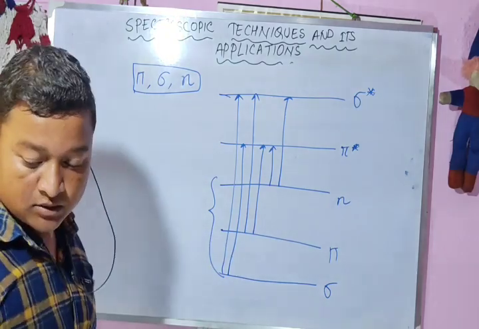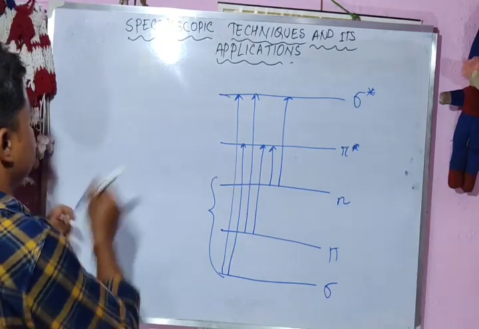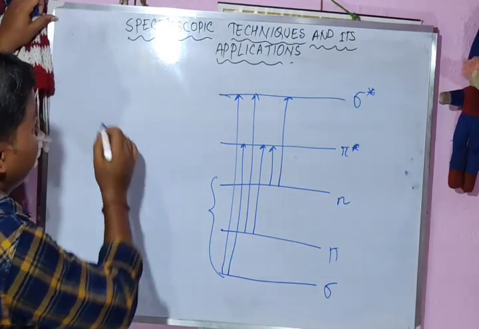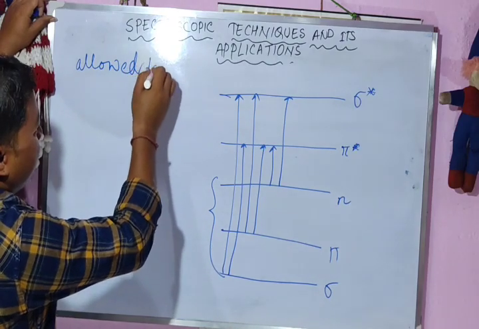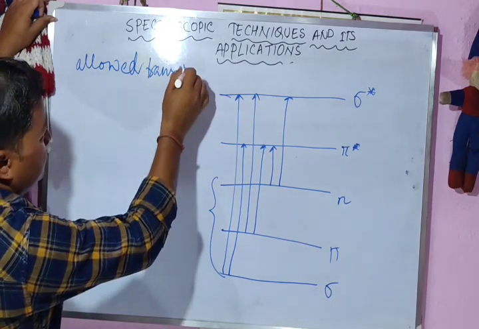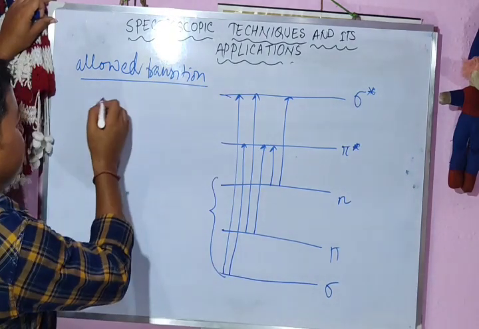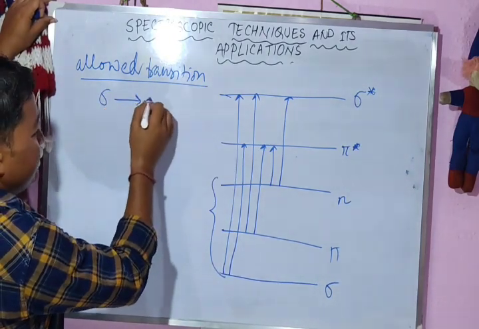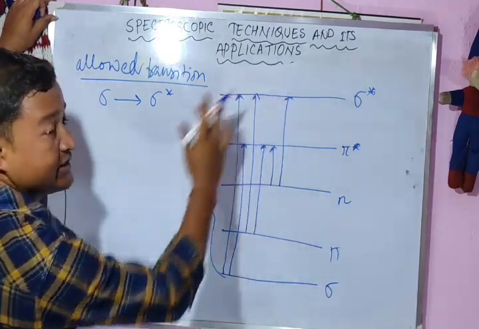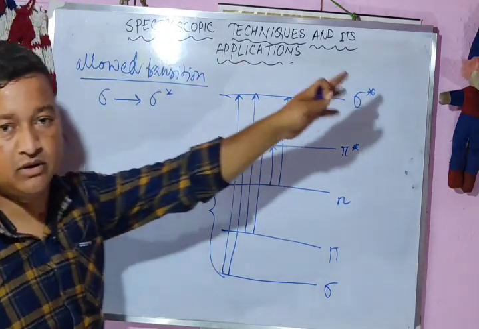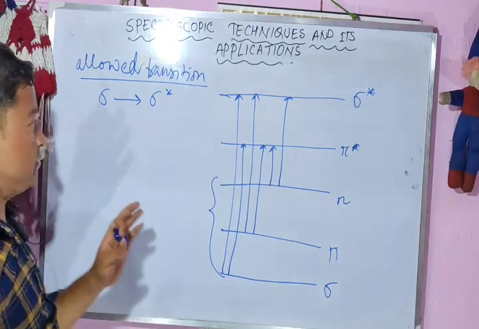Here we know the sigma to sigma star. We write the allowed transitions. Which are allowed? Sigma to sigma star. Here the symmetry is the same: it is sigma, and it is also sigma star because it is anti-bonding. So this is symmetry allowed, and spin also allowed.